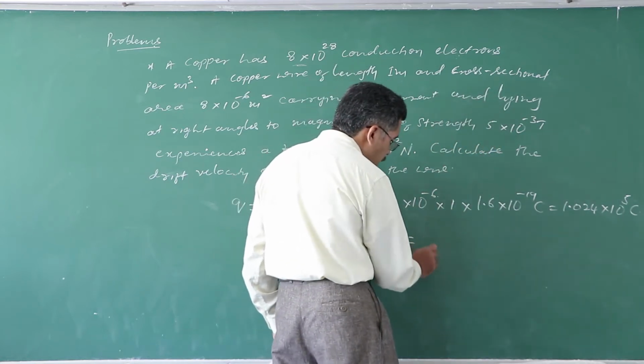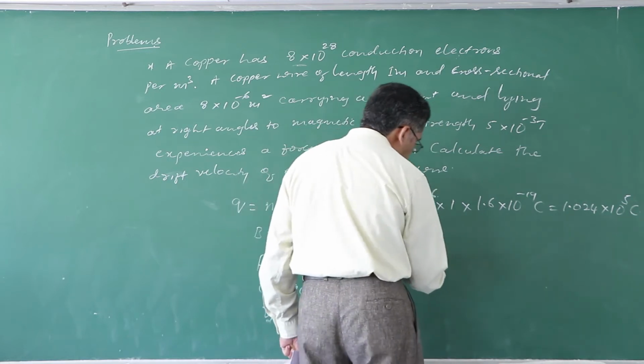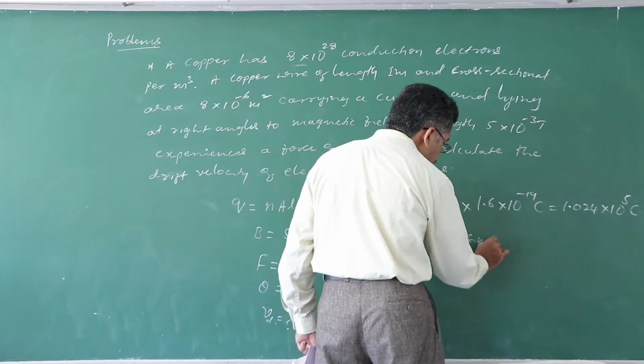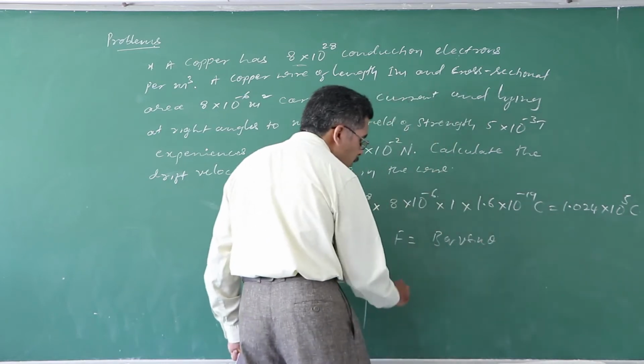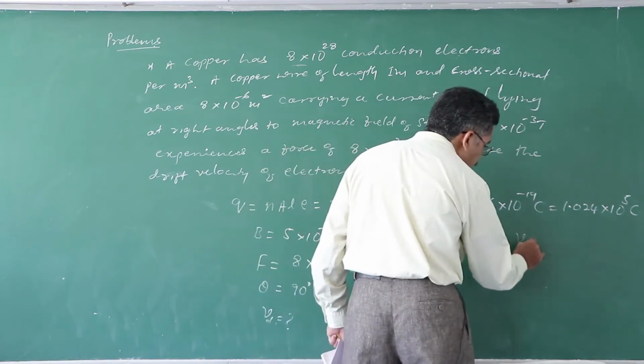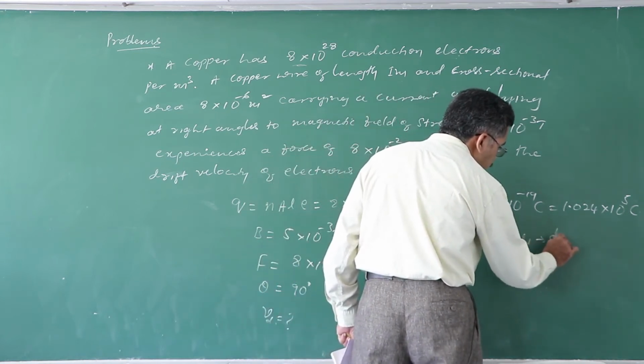So this can be written as B Q V sin theta. See, in the place of V, I consider it Vd. Vd is the drift velocity.